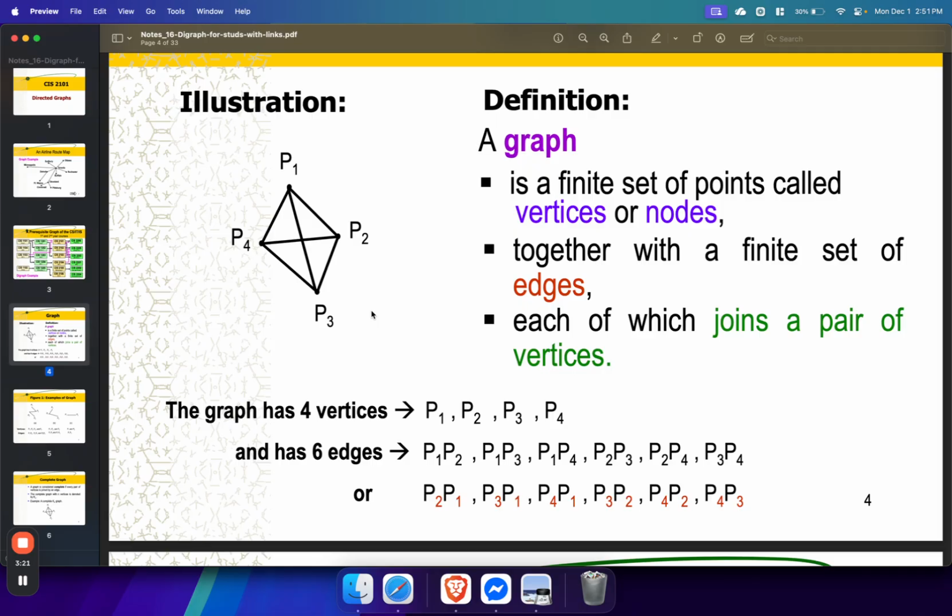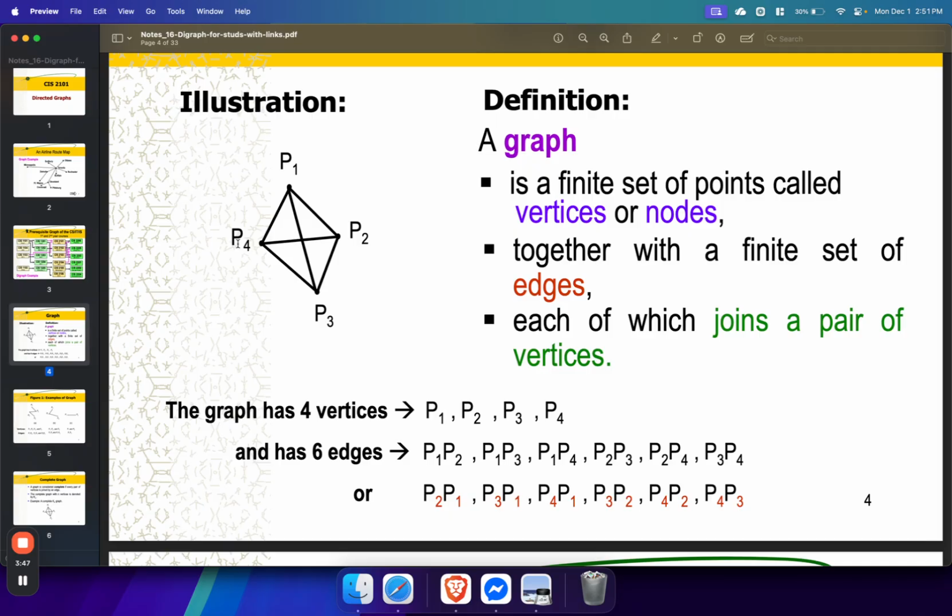A line from P1 to P2, from P1 to P3, from P1 to P4, denoted as P1P2, P1P3, P1P4. We also have lines from P2 to P3, P2 to P4, and from P3 to P4.